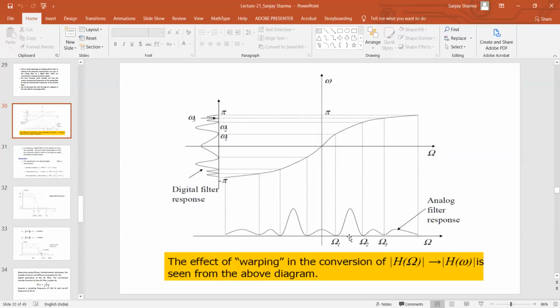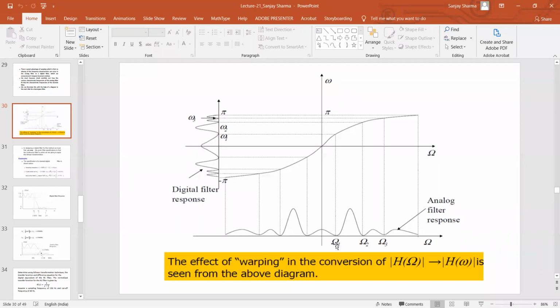Now I take the frequency points as omega 1, omega 2, and omega 3 on the analog axis. These are the transfer characteristics we have already seen, giving the relationship between small omega and capital omega once we apply the bilinear transformation.